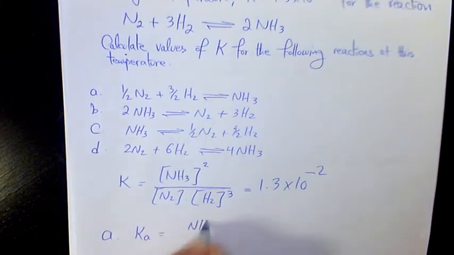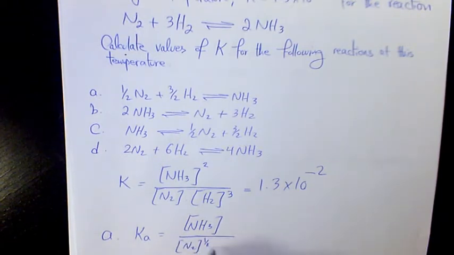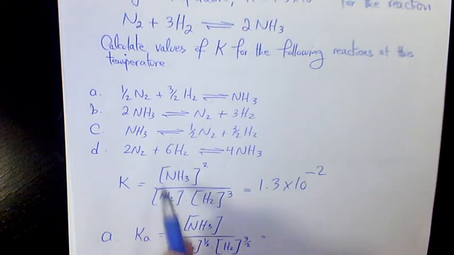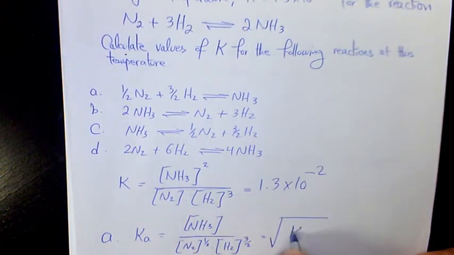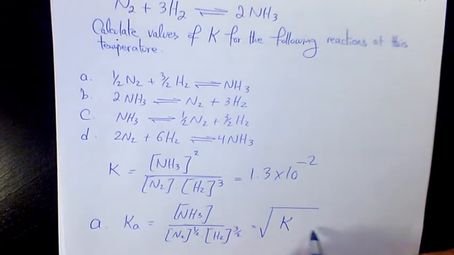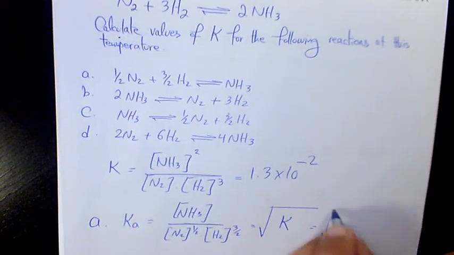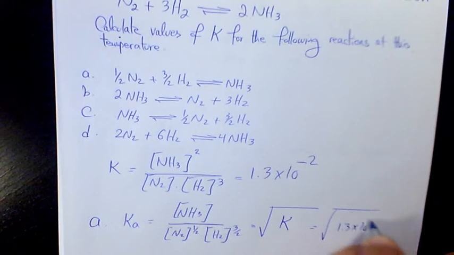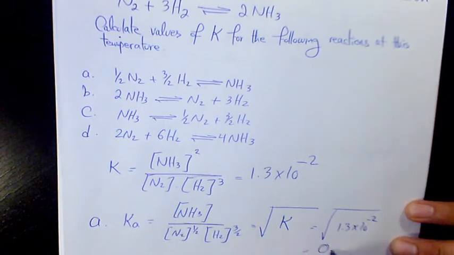That's going to be NH3 over N2 to the power of 1/2 times H2 to the power of 3/2. Looks like the square root of K, which will be the square root of 1.3 times 10 to the power of negative 2. That's going to be 0.114.